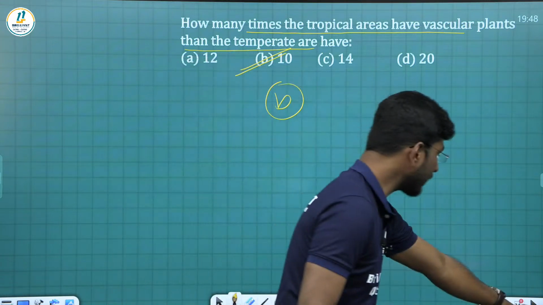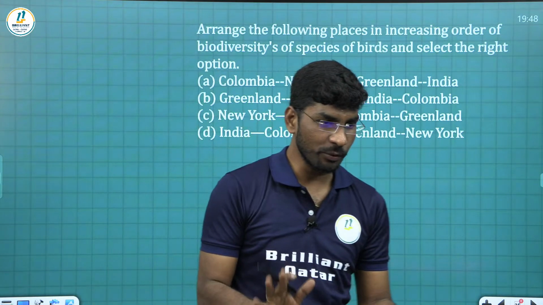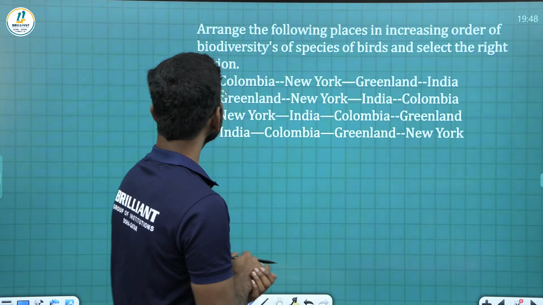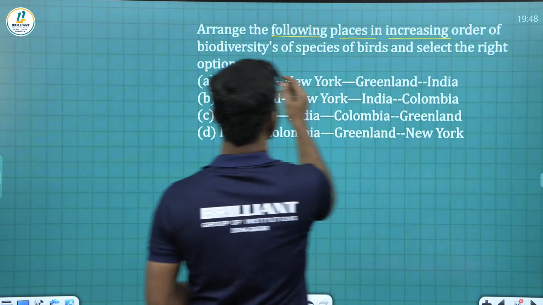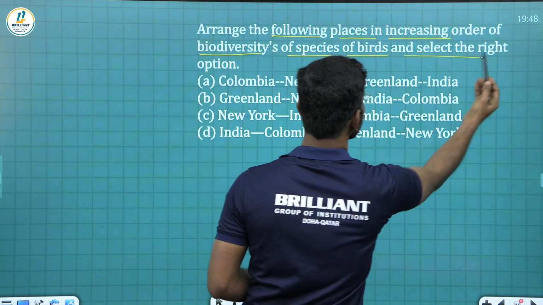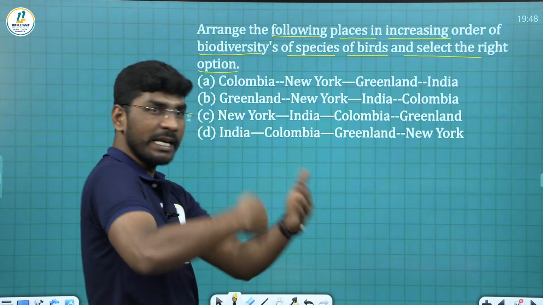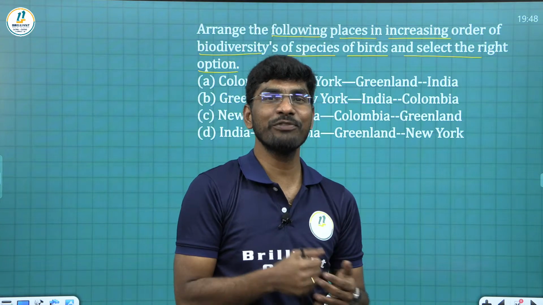What about the next question? Look at this question. The question tells us to arrange the following places in increasing order of biodiversity of bird species. Select the right option. Increasing. I'll give you time. Any one of you, give me the correct answer.